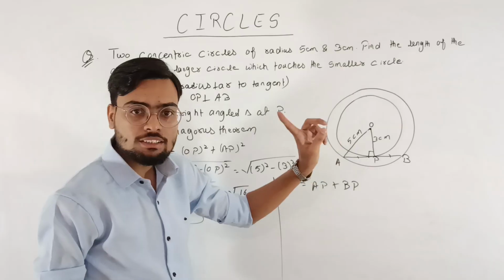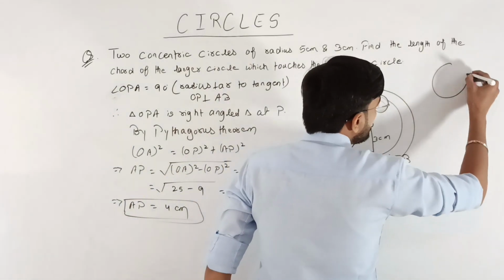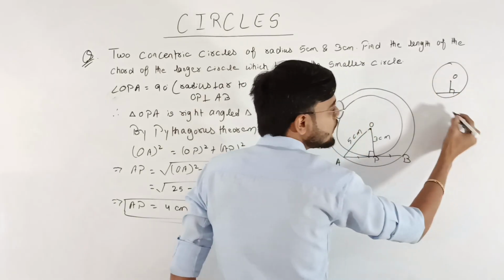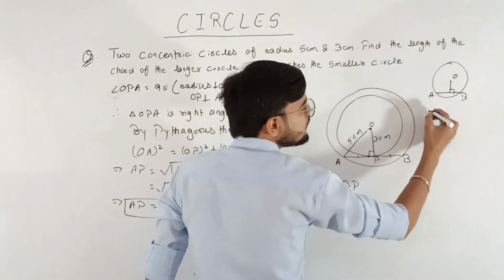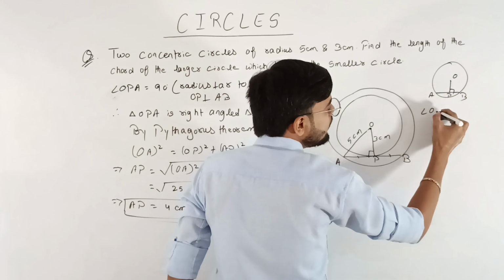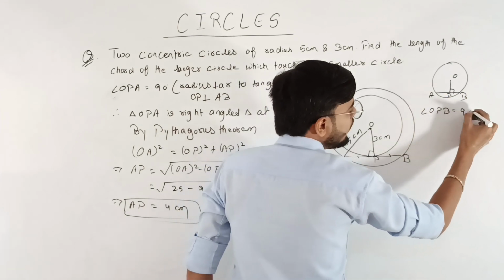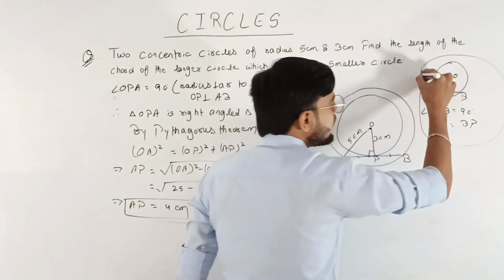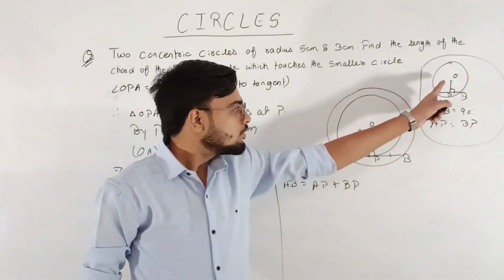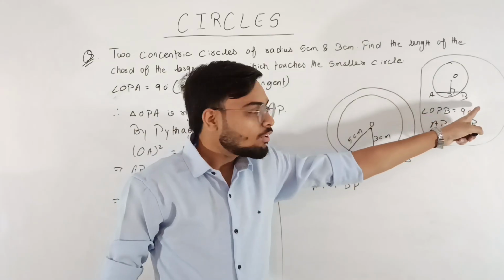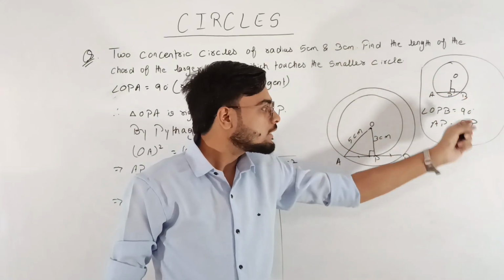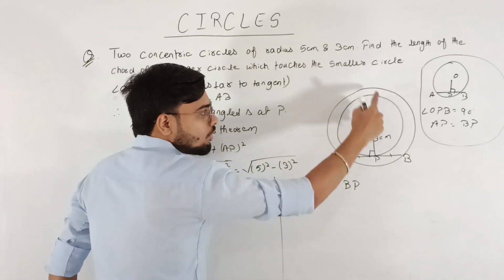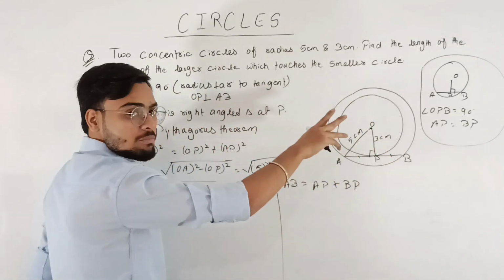This theorem we studied in our class 9, that if this is a circle and this is a chord, then a line from center to the chord is perpendicular bisector of this chord, which means angle OPB is equal to 90 degree and AP is equal to BP. So same here, AB is the chord of larger circle and OP is a line drawn from center.